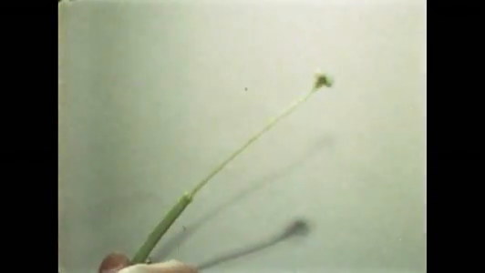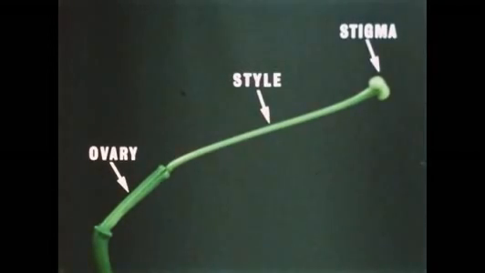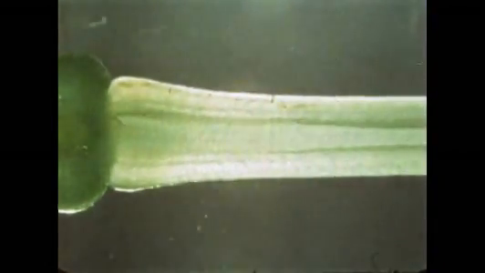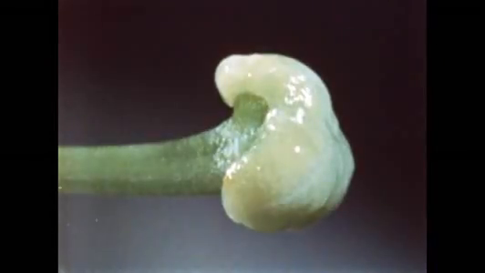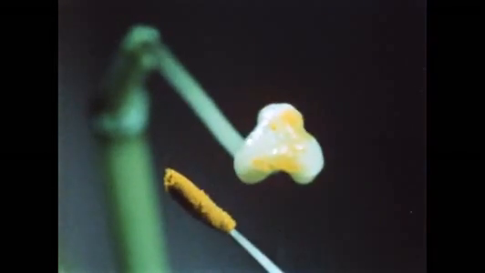The pistil is made up of three parts: the ovary, the style, and the stigma. Because the stigma is wet and sticky, pollen grains stick to it easily.